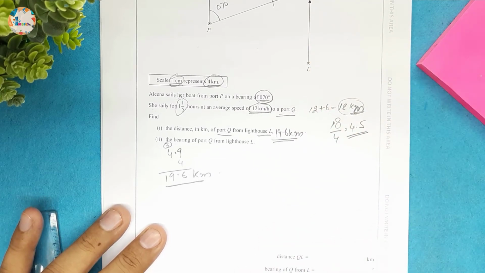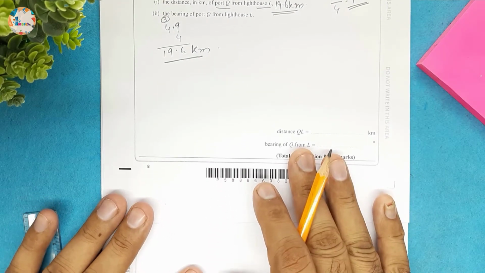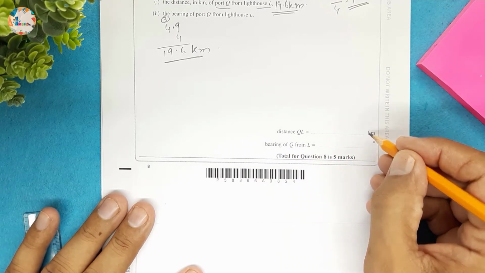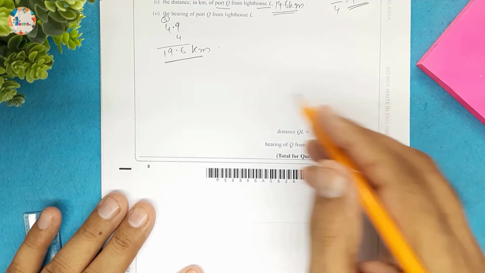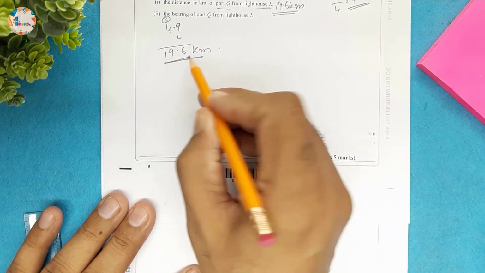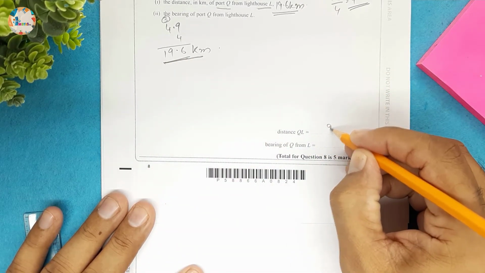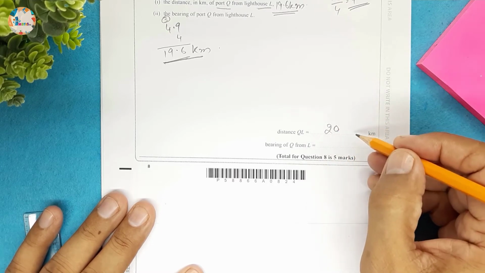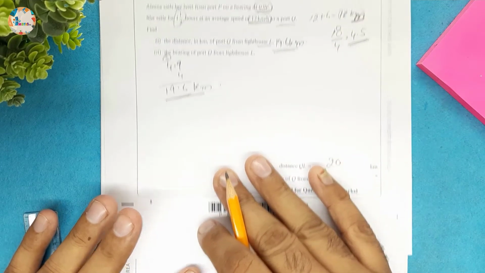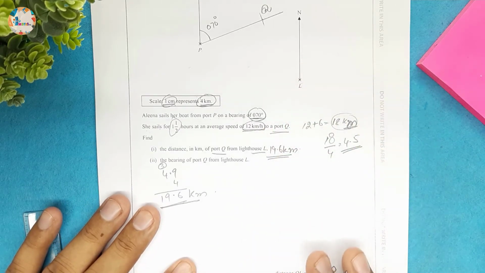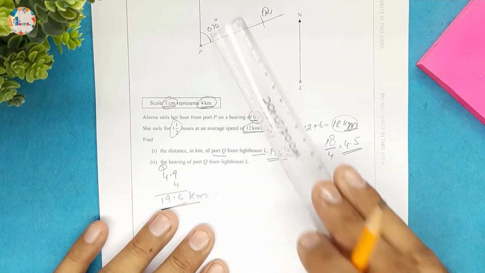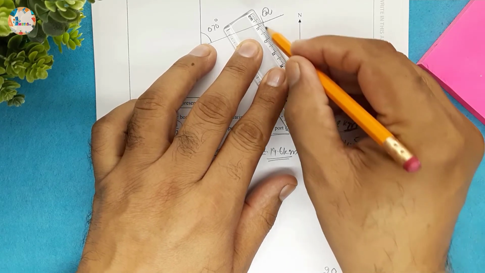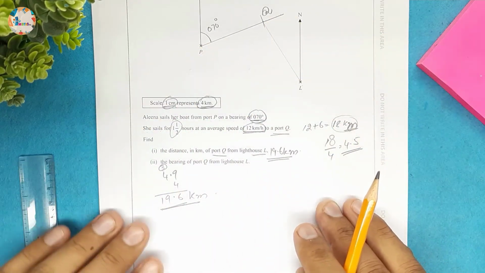So we have to mention this distance QL in kilometers, and according to our answer it is 19.6, but I'm mentioning roughly 20, which is according to the marking scheme, as the original paper will be a little bigger in size.